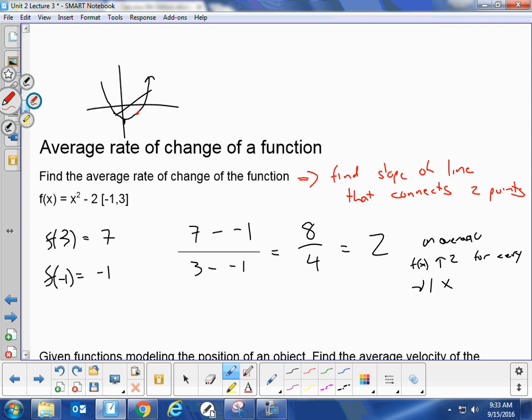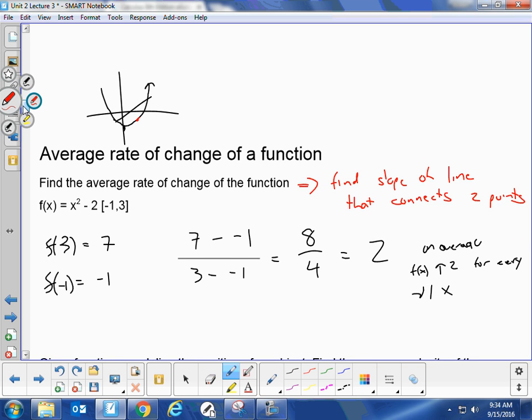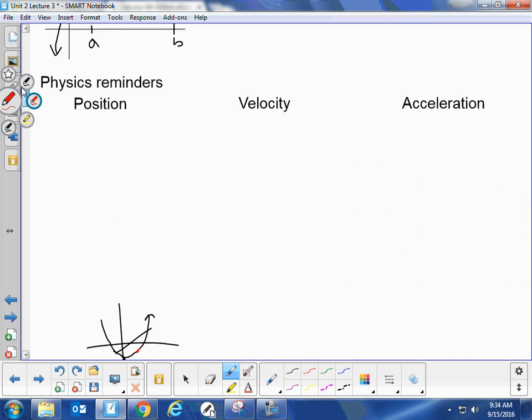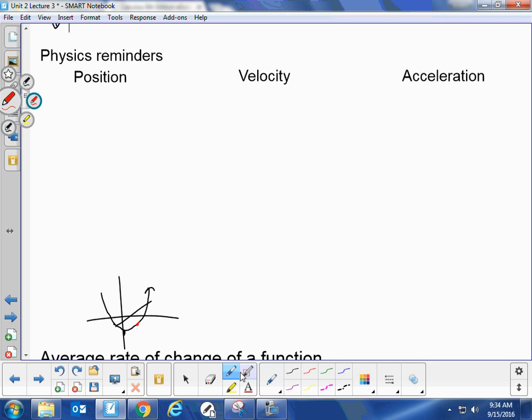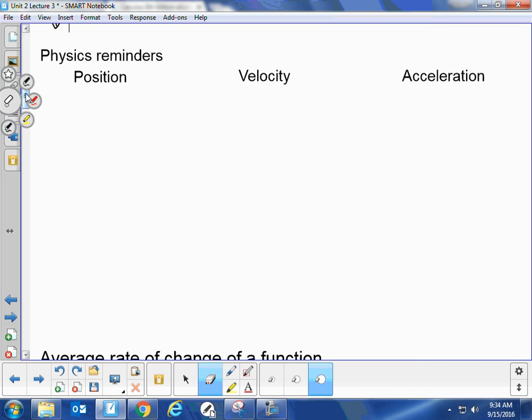We're going to use the concept of average rate of change to help us figure that out. But before we get to that question, we need to talk about something that will hopefully help you understand this concept of what's going on at a particular location.